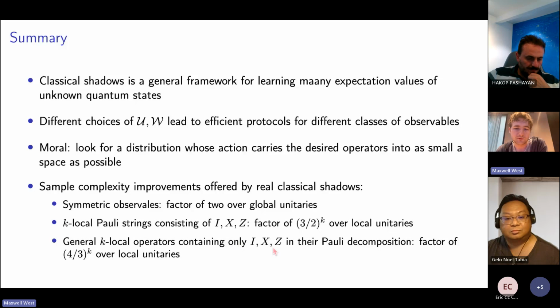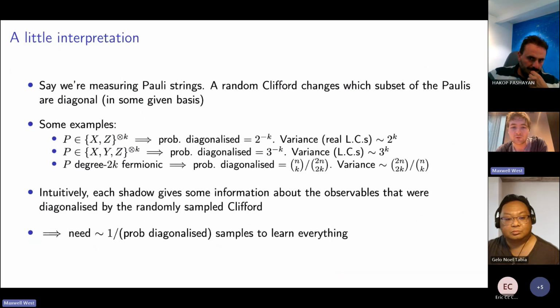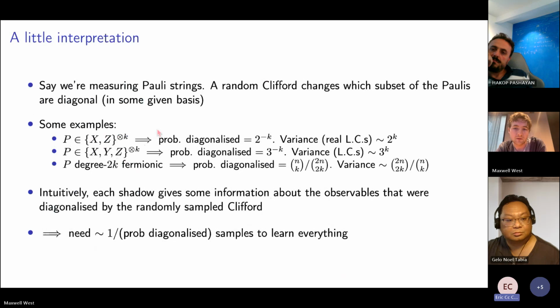I didn't quite hear everything, but basically you want your ensemble to only map operators amongst themselves in the subspace in which you're interested. Say you only care about Pauli strings with X's and Z's in them. If you use arbitrary unitaries like local Cliffords, the action of that on the X's and the Z's is going to introduce Y's, right?